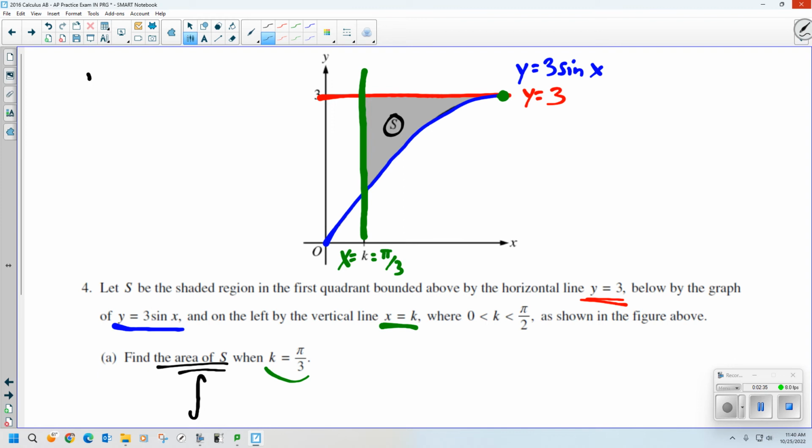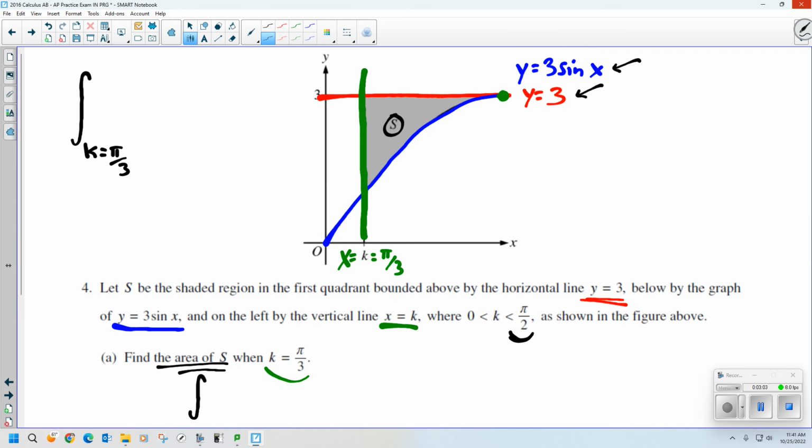I have my lower bound, k, which we're going to call pi over 3. But what's that upper bound? Well, we don't have the calculator, so I can't put them in y1 and y2 and see their point of intersection.